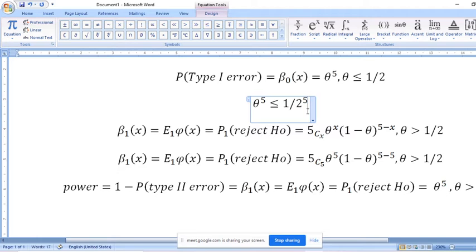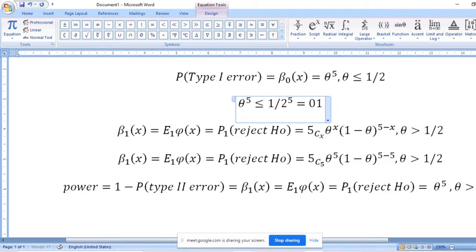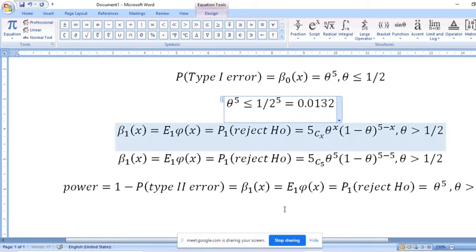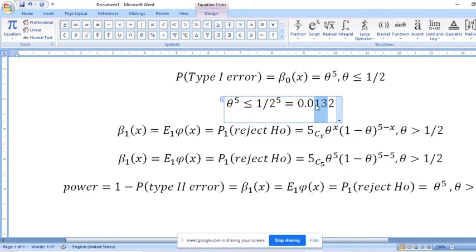Is it right? The value given in this book is 0.0312. So this is the probability of type 1 error. This is less than 0.05, so it is very small. The probability of type 1 error is significantly small.